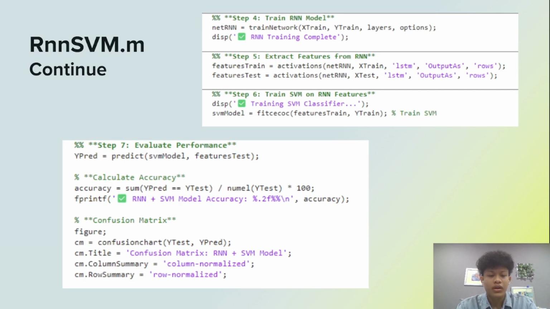The next one is to calculate accuracy, where we compare the predicted labels with the actual labels to determine classification accuracy. And the last one is to visualize with the confusion matrix, which helps us analyze classification performance and error distribution.